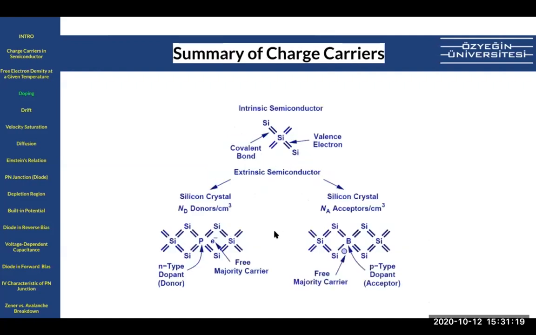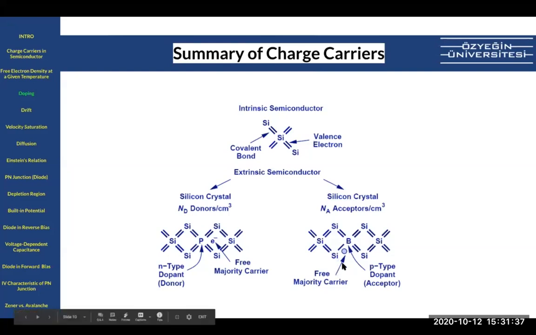Okay, so summarizing, if we provide n number of phosphorus atoms, we introduce n number of electrons in the circuit. If we introduce n number of acceptors, for instance borons, we introduce n number of holes as a majority carrier.